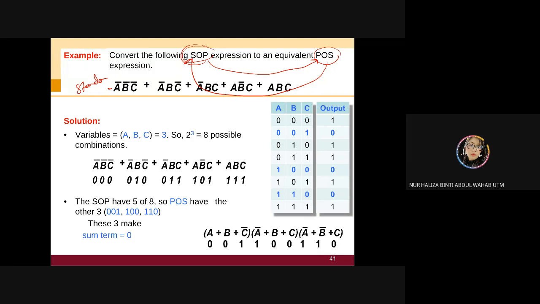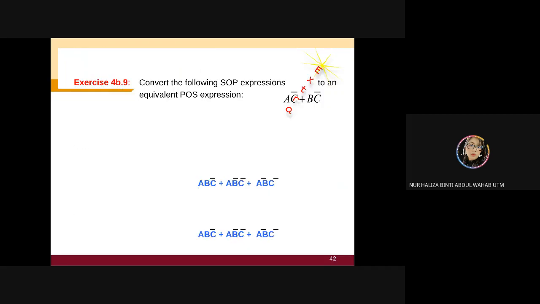Okay, thank you. So here you can see that you are given the standard form of SOP. But next question, you can see it is not standard. So that's why you need to convert it to the standard version first. Then you're going to get your truth table.